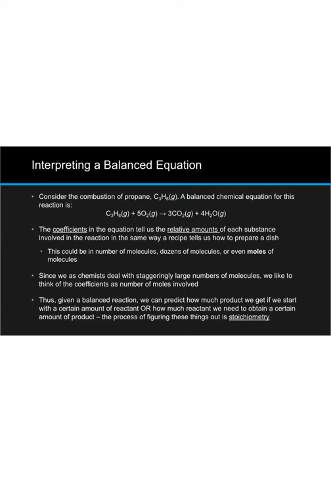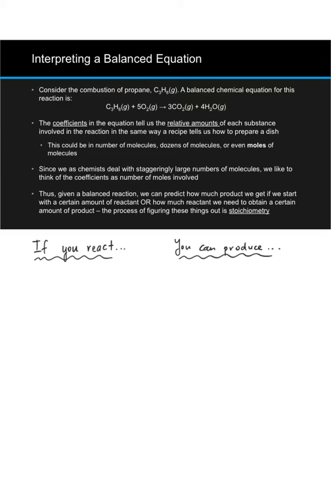Figuring out from a given amount of reactants how much product can form, or using a balanced chemical reaction to determine how much of a reactant we need to obtain a certain target amount of products, is reaction stoichiometry, the use of mole quantities to predict reactions' outcomes. So for example, we're going to think about reacting a certain quantity in moles of our reactants and predicting how much product we can produce.